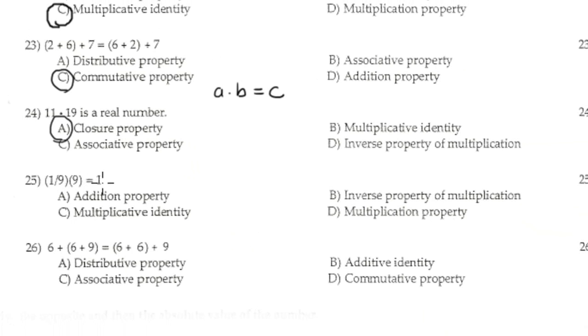So it is obviously the inverse property of multiplication, which corresponds with the option B. And 26 is obviously the associative property. We change the parentheses, so you change the order of the operation, and the answer, of course, is the same. It's the associative property, corresponding with the option C.